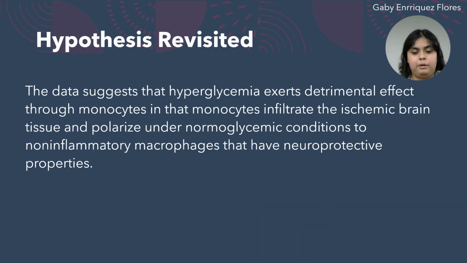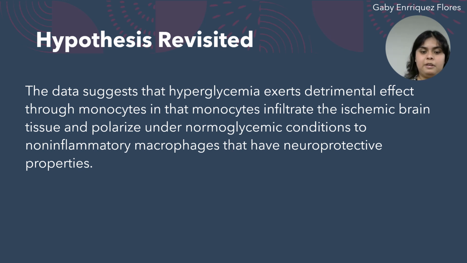So revisiting our hypothesis, which our initial hypothesis is basically, hyperglycemia would downregulate the effects of macrophages and monocytes. And looking back, the data suggests that hyperglycemia exerts a detrimental effect through monocytes, in that monocytes infiltrate the ischemic brain tissue and polarize under normal glycemic conditions to non-inflammatory macrophages and have neuroprotective properties.